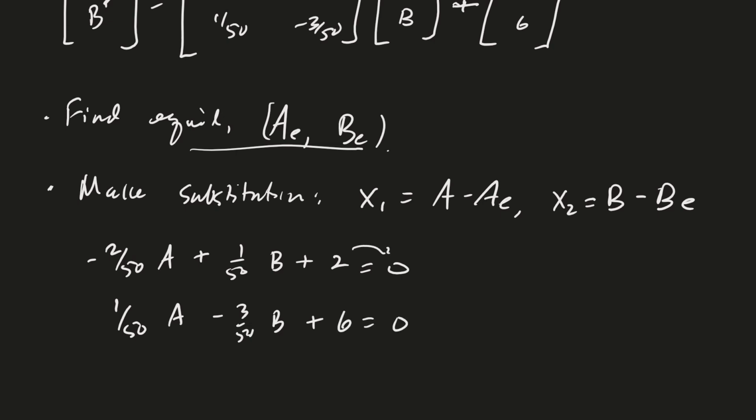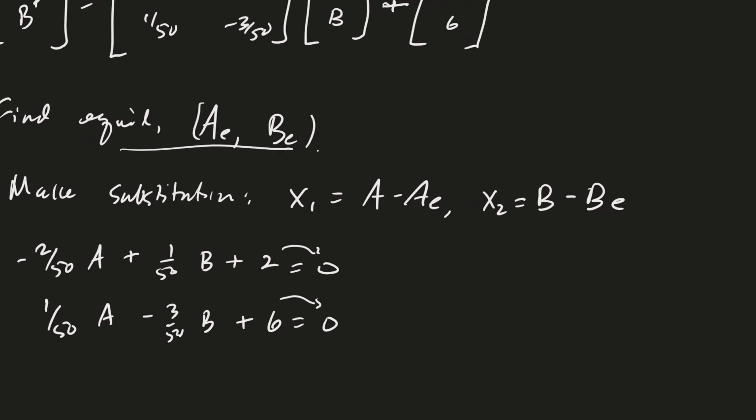So if I bring the 2 and the 6 over and multiply everything by minus 50, what do I get? I'll have 2A minus B equals 50 times 2, which is 100. And in the second equation, I would have minus A plus 3B equals 6 times 50, which is 300.